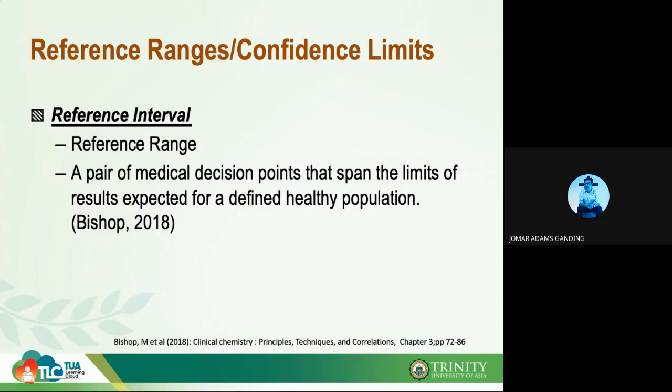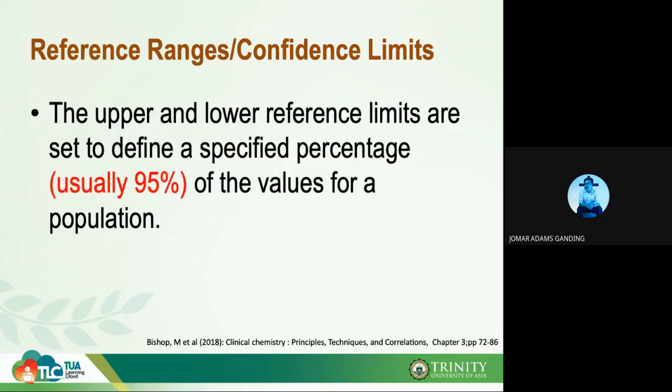Having said that, one very important consideration with regards to reference range is that the upper and the lower reference limits are always set, or established, to define a specified percentage of the values for a population.